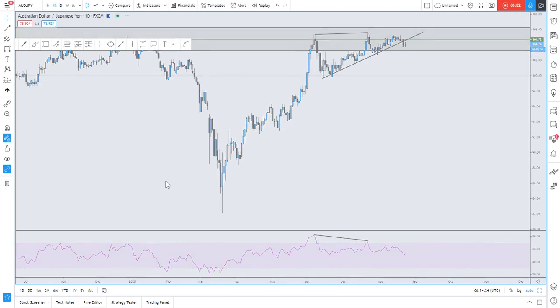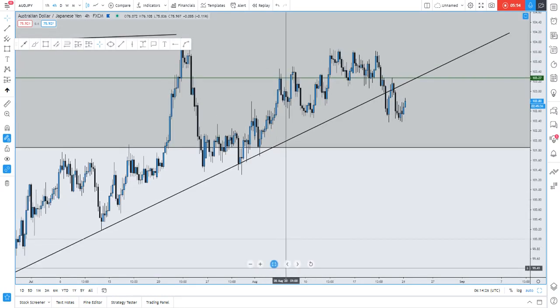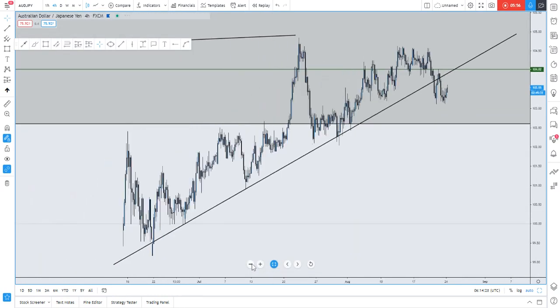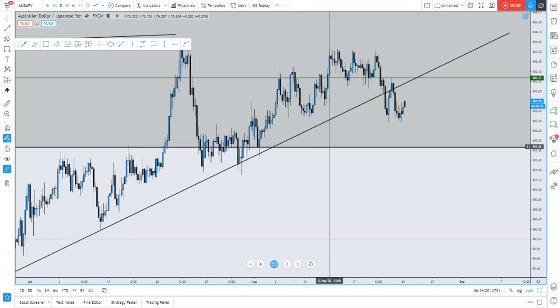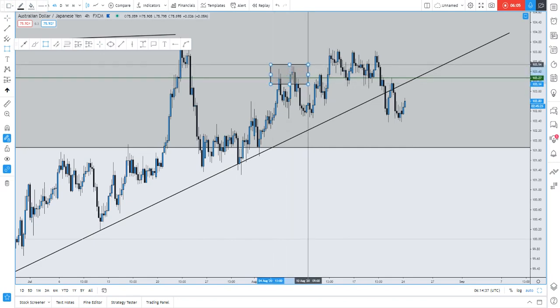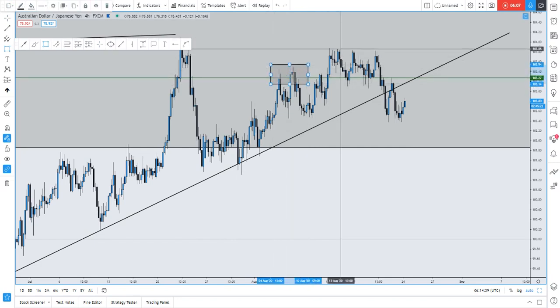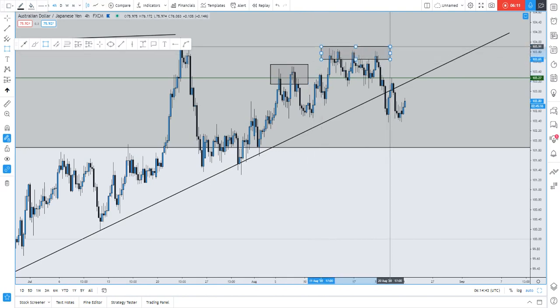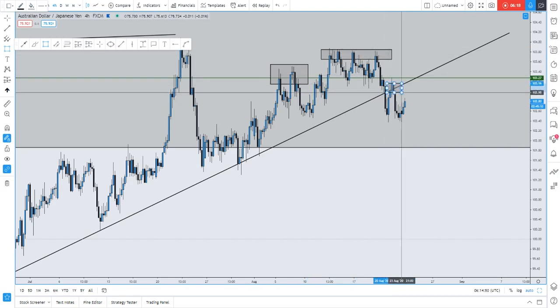Now to the 4 hour time frame. On the 4 hour time frame, we have this head and shoulders pattern on it: left shoulder, head, then the right shoulder just leads right here.